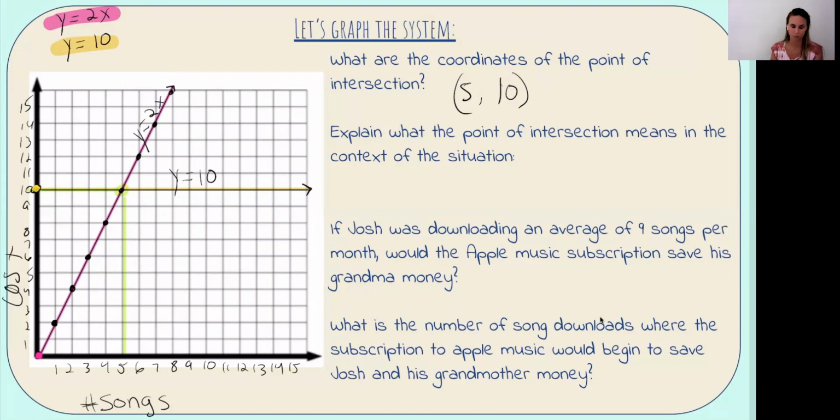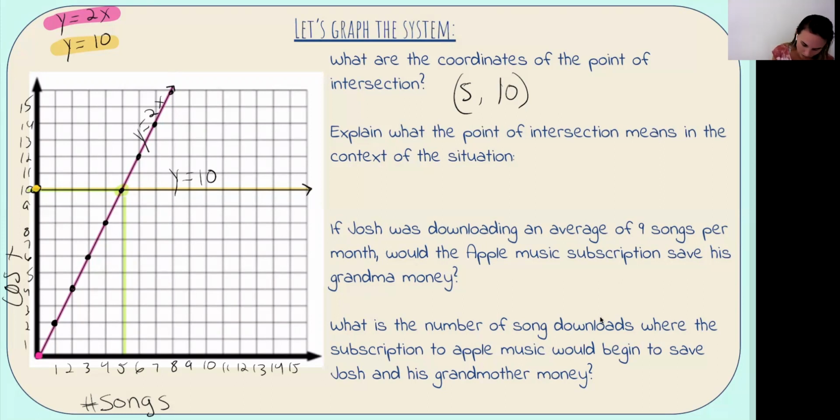This is a point where we break out into little discussions, turn-and-talks and stuff. And we would come to the conclusion that the point of intersection is the point at which both scenarios cost the same amount of money. So whether he does a subscription or he downloads per song, at the point of intersection, they both cost the same.